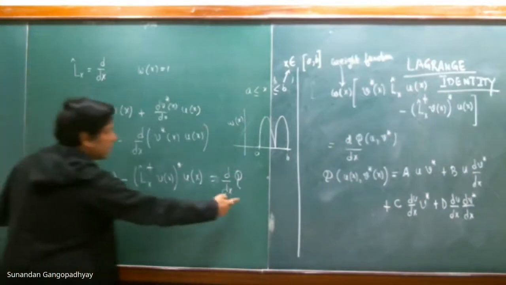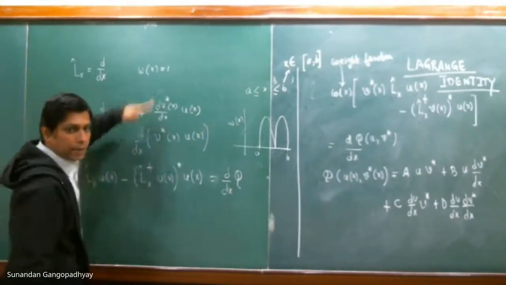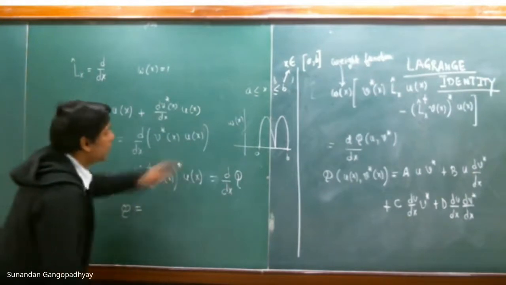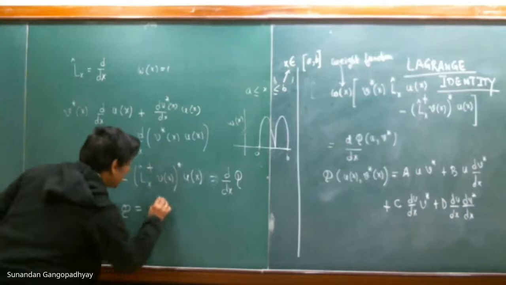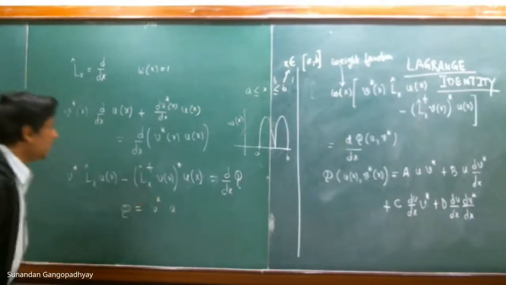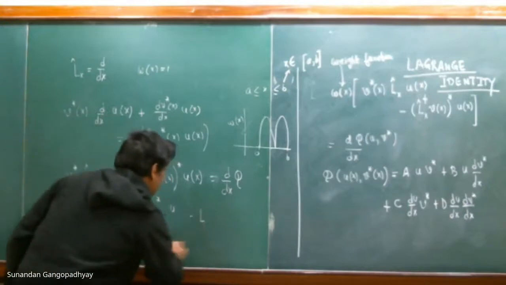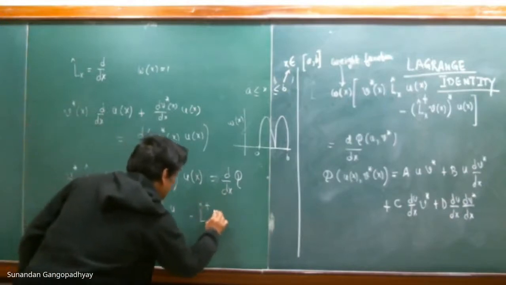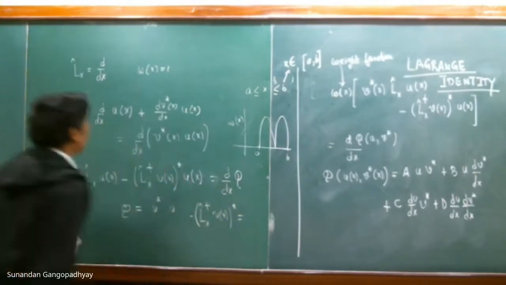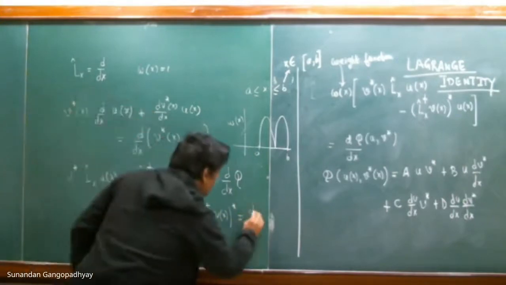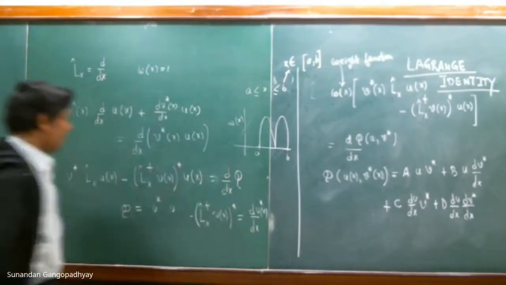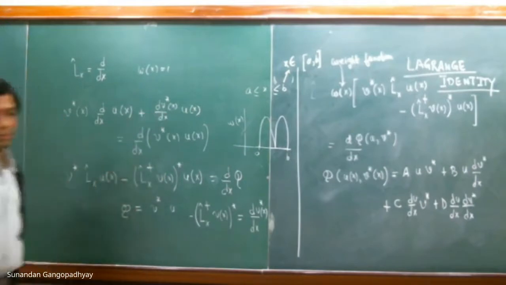So you have this and you have this. Compare the two. What is q? From here, if you compare, you will get q equals v star u. And minus L dagger v(x) star is equal to dv star/dx, just by comparing this with this.